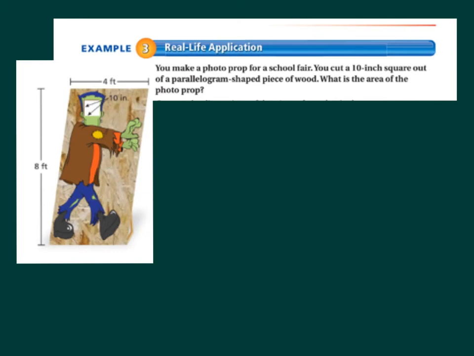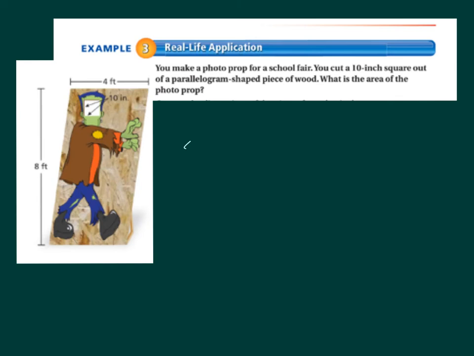So we want to find the area if our photo prop is 10 inches. We want to figure out the surface area of this parallelogram with that 10 by 10 thing cut out of it. So what we're going to do first is we're going to find the area of this parallelogram in feet.